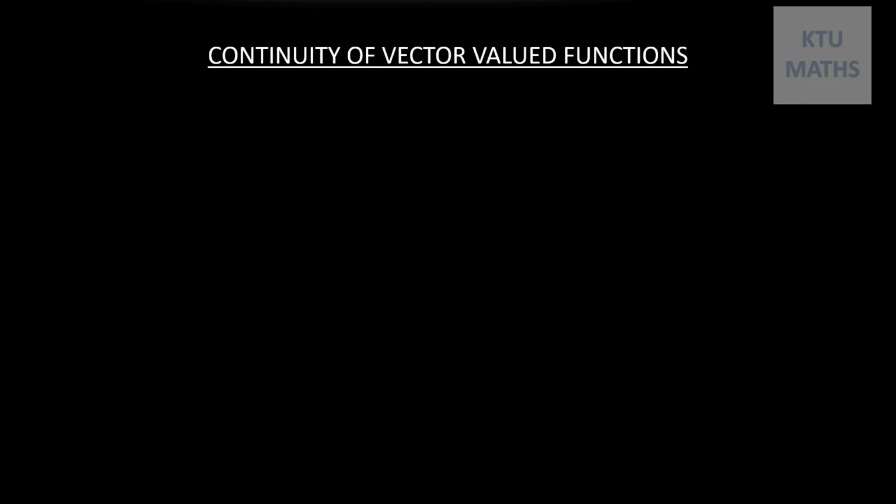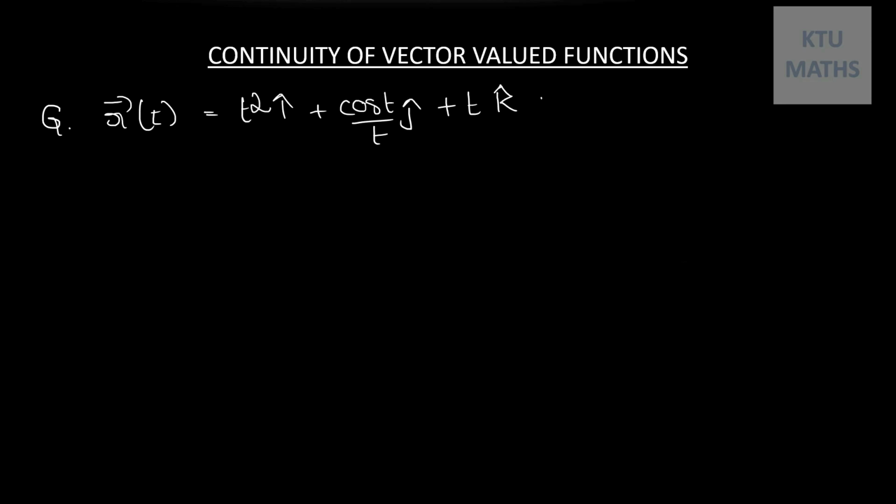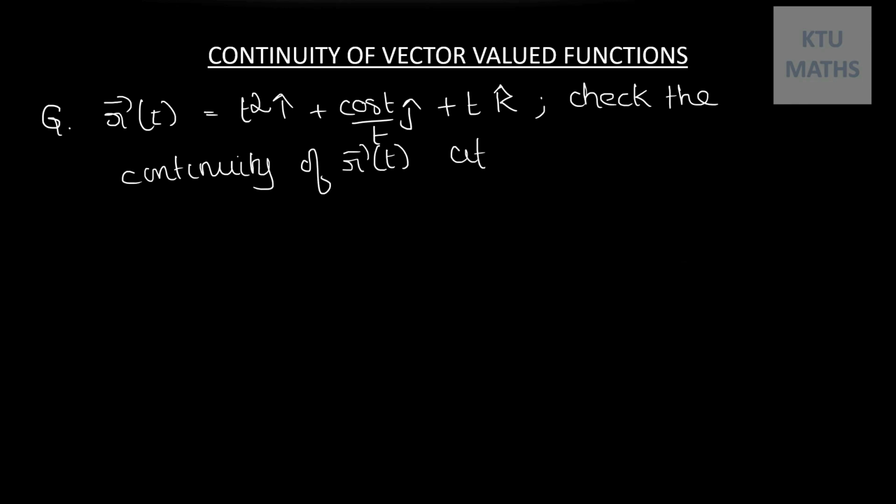Now let us better understand the continuity of vector valued functions by doing a problem. I'll write a problem now. Vector r(t) equal to t square i plus cos t by t j plus t k. Check the continuity of vector r(t) at t equal to 0.